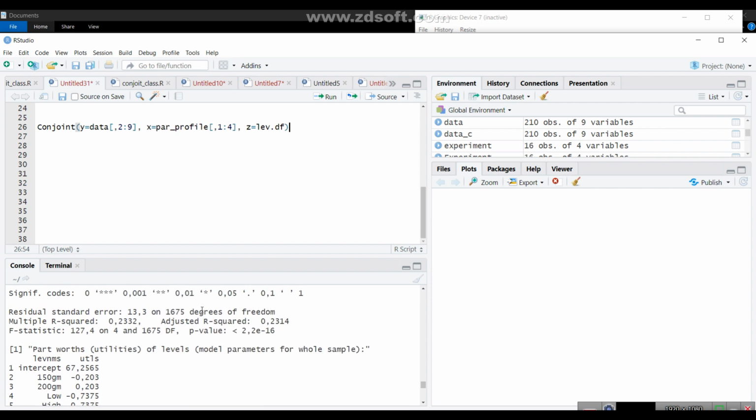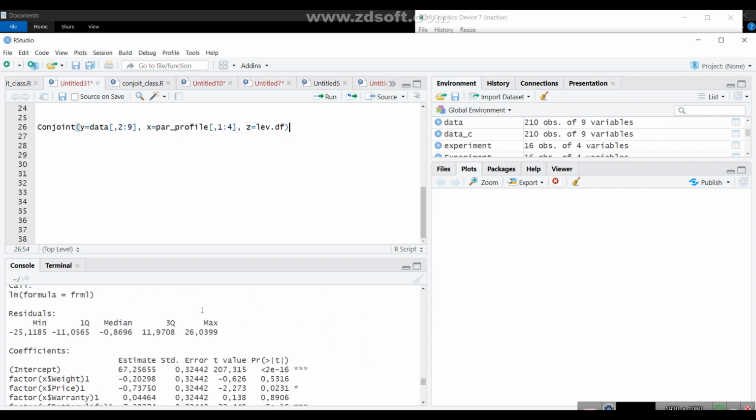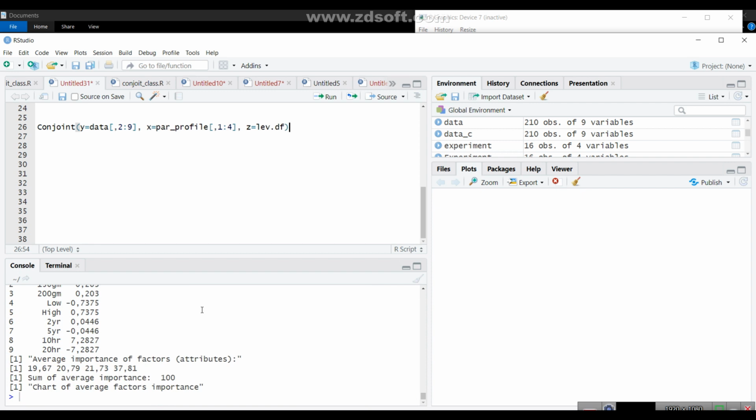This data set and this experiment I have created on my own, so it may contain some researcher's bias, but in real life you will get very interesting results. Now, how can I further this analysis?